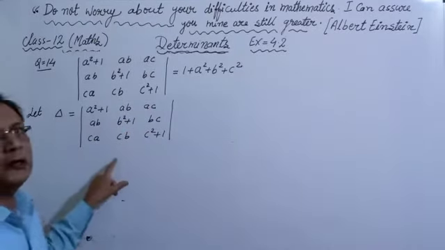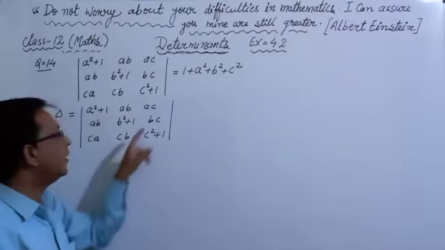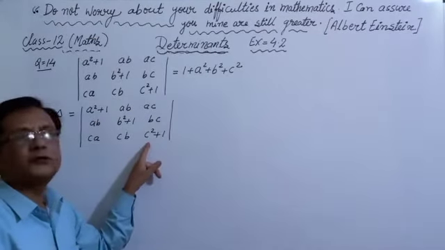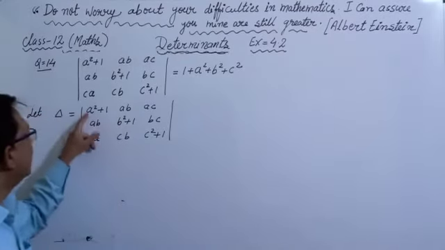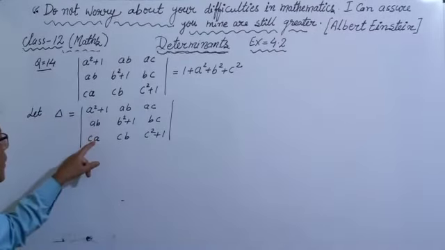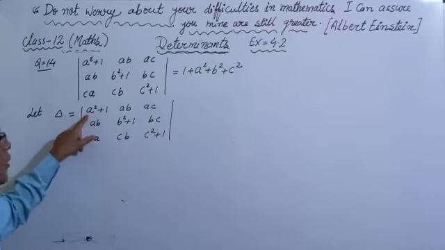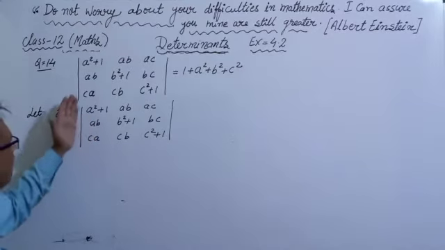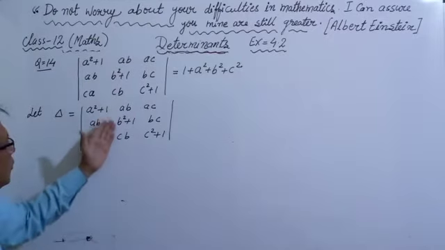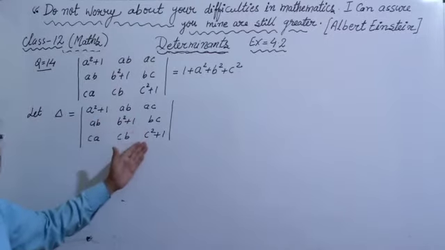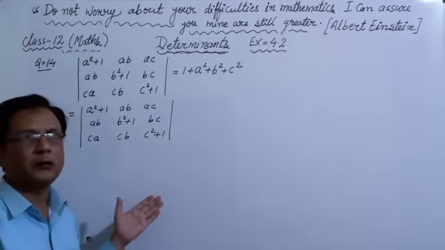The symmetry does not match. So what do we do here? We multiply C1 by a, C2 by b, and C3 by c to make the symmetry.